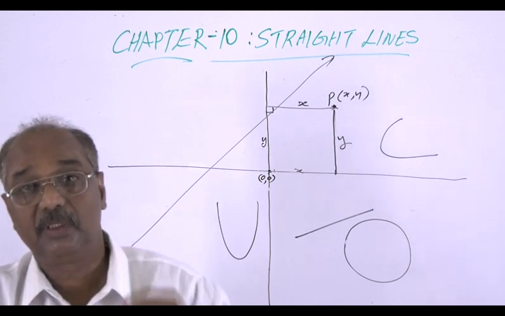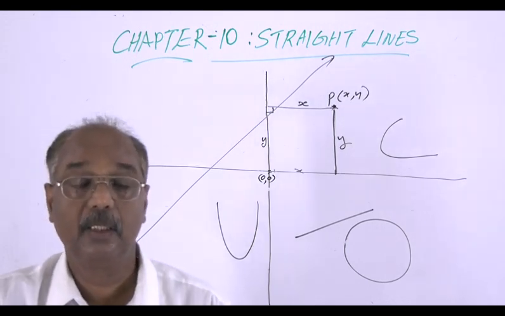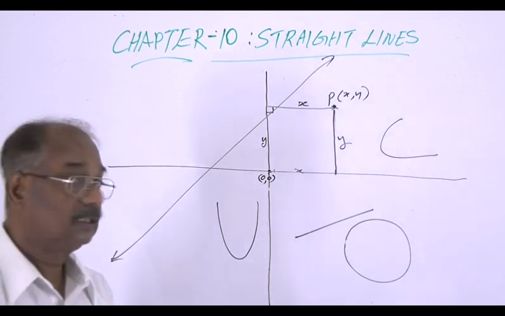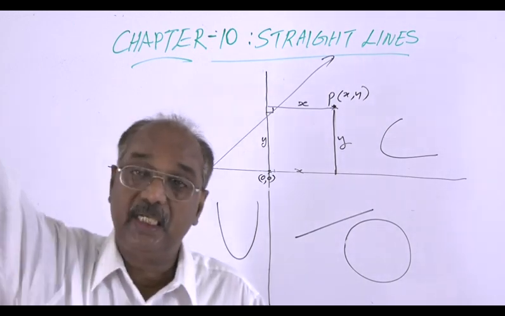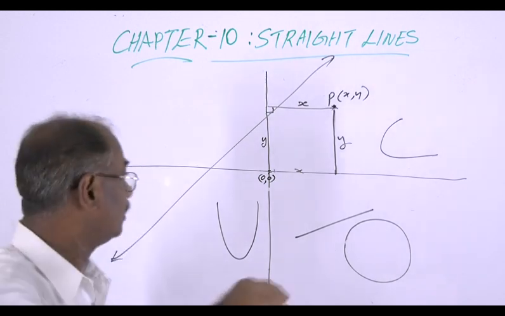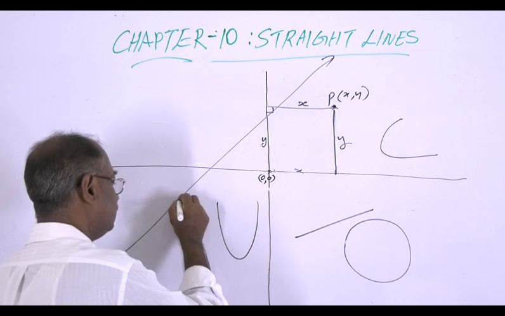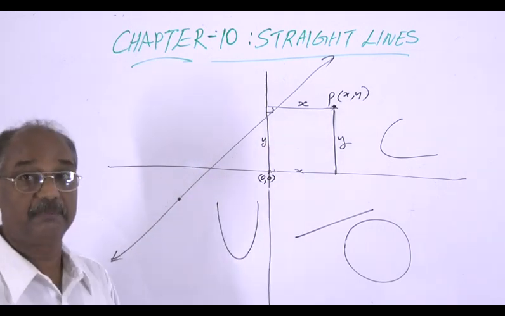A line, for example, we will be discussing the details of straight line in this chapter. So a line can be considered as the path of a moving point in a straight way. We can consider in that way also. That is, we choose a point in the plane.